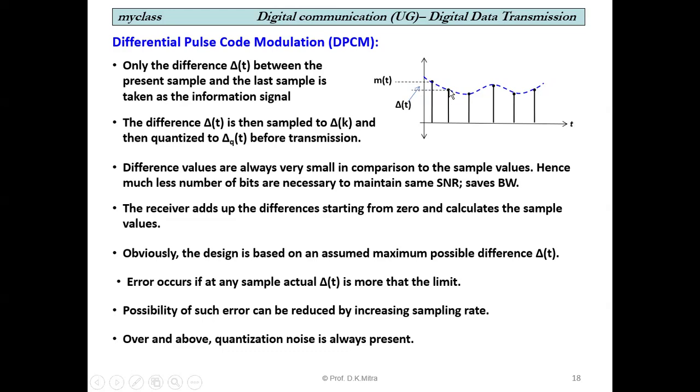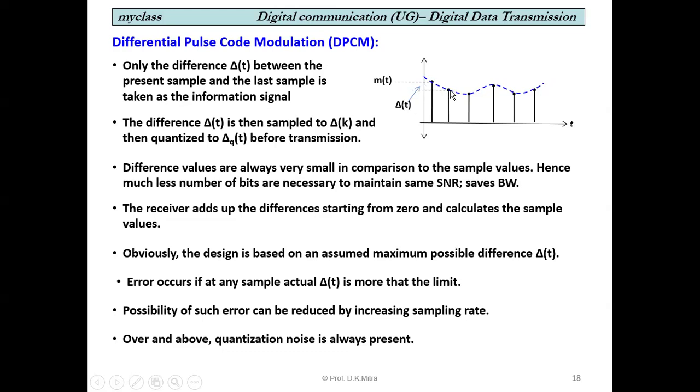Then you measure the sample MT2, but you do not quantize MT2. Quantize only the difference between MT1 and MT2. That is, the difference is delta T.